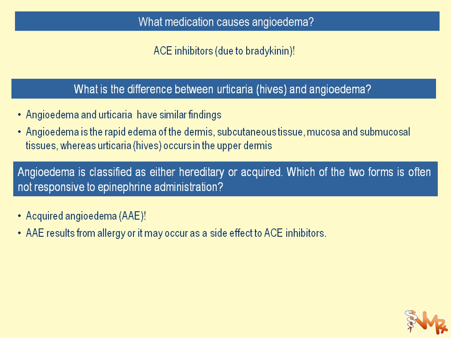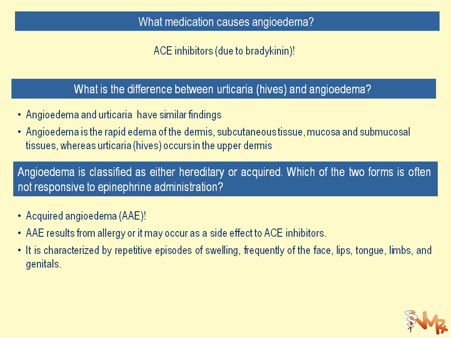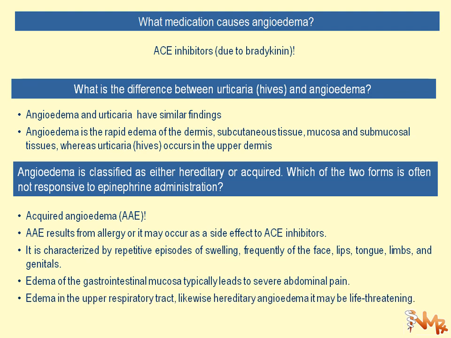It is characterized by repetitive episodes of swelling, frequently of the face, lips, tongue, limbs, and genitals. Edema of the GI mucosa typically leads to severe abdominal pain. Edema in the upper respiratory tract, like hereditary angioedema, may be life-threatening.